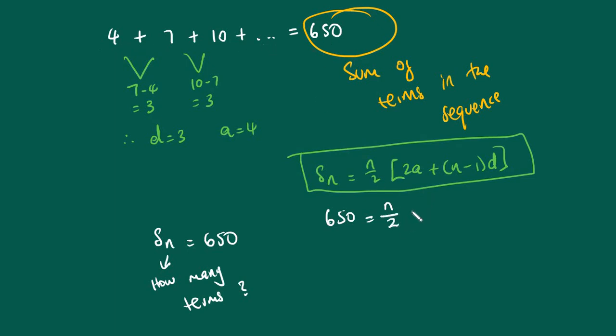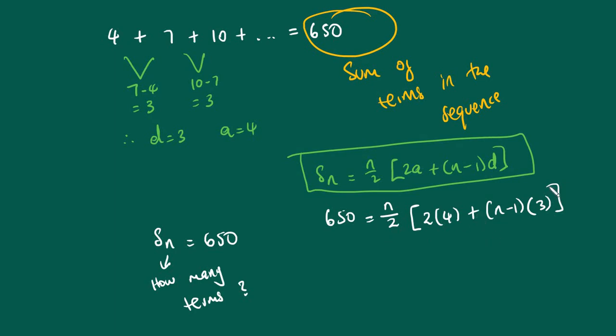So we say n over 2, then we have 2 into a, which is 4, plus n minus 1 d. So from there I can quickly solve this. Wait, the difference is there. Why did I write d? The difference is 3, right? We're adding 3.